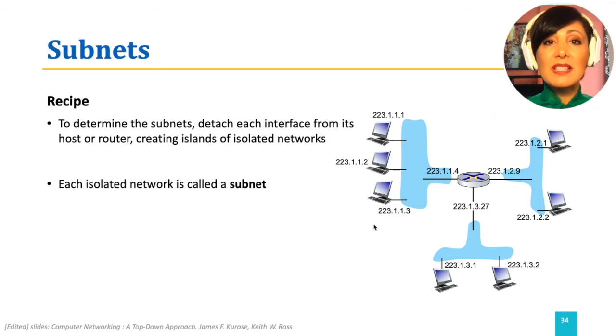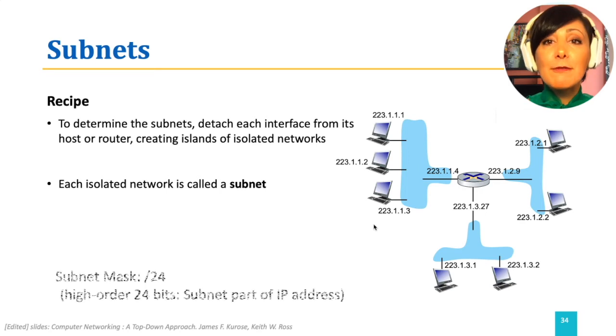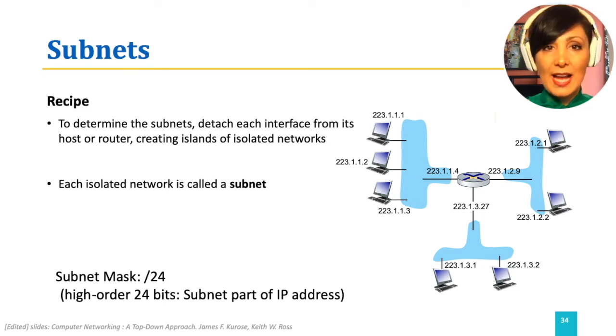The high-order bits of each of these networks define the subnet. The number of high-order bits of the address used for subnet addressing is called subnet mask. But how many of them? The addressing scheme might be different. In this example, 24 bits are used for addressing the subnet. The rest of the address bits, which will be 8 bits, are used for host addressing within the network.